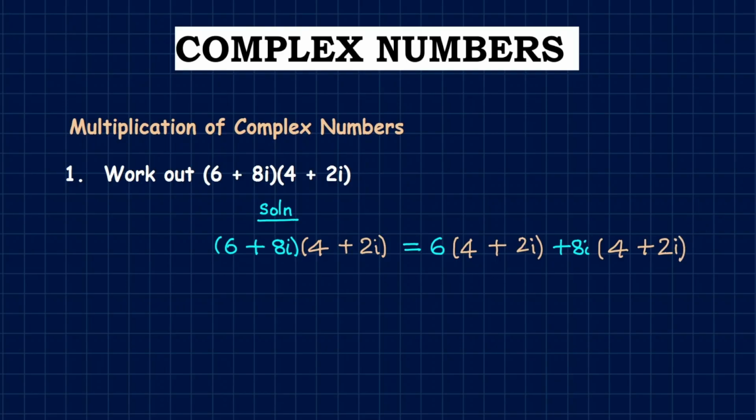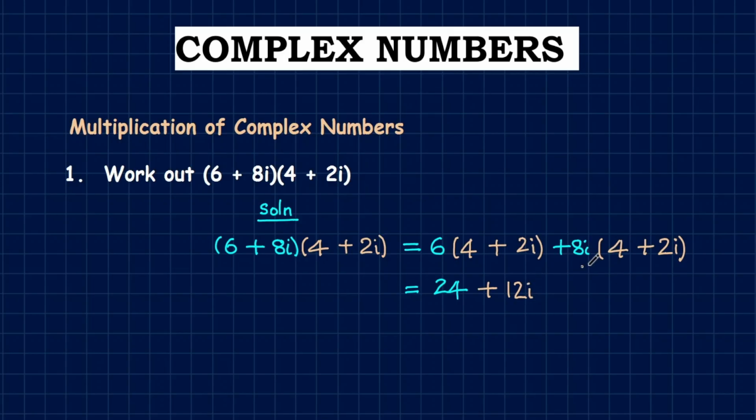Now after that, we can go ahead and distribute through multiplication, and 6 times 4, we get 24. Now we also multiply the second one, 6 times 2i, we get plus 12i.